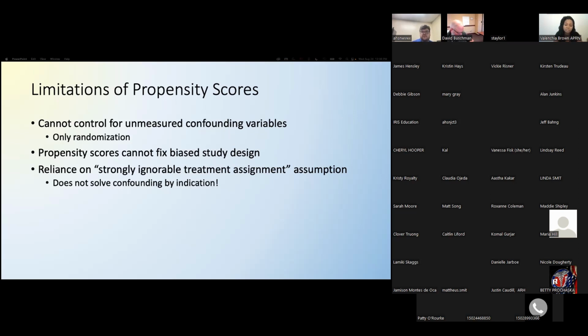And then one last limitation of propensity scores is that they have an assumption that there is a strongly ignorable treatment assignment. In this case, there's what's called confounding by indication, where if you think about it, it makes a lot of sense. A patient who presents as more severe is going to get an escalated level of treatment, right?